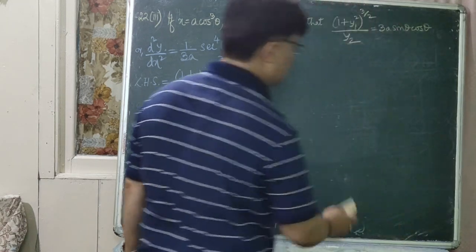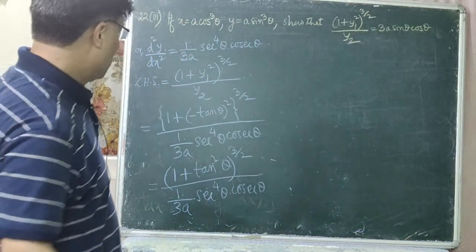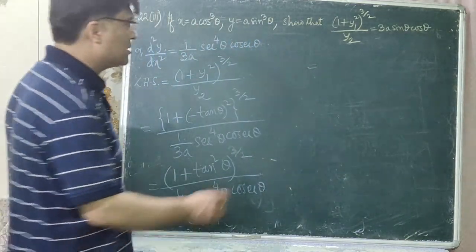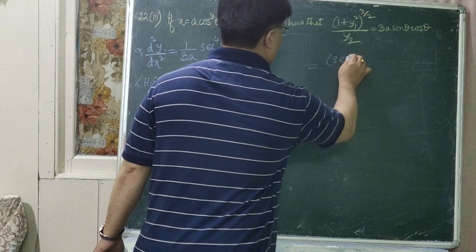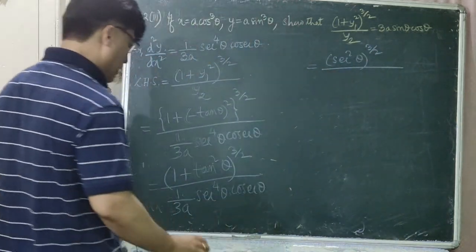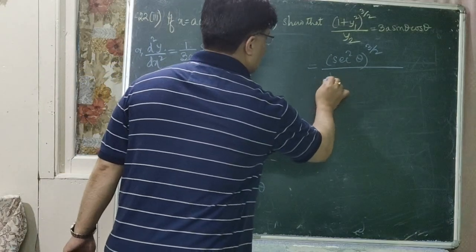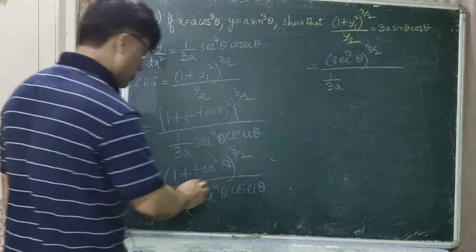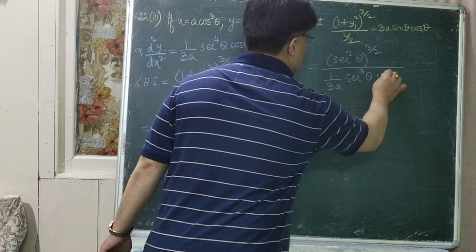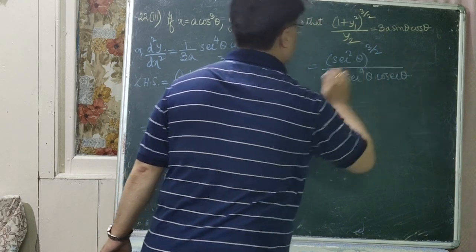What is 1 plus tan square theta? You know that it is sec square theta. It is sec square theta whole to the power 3 by 2, divided by, in the denominator, 1 by 3a into sec to the power 4 theta into cosec theta.